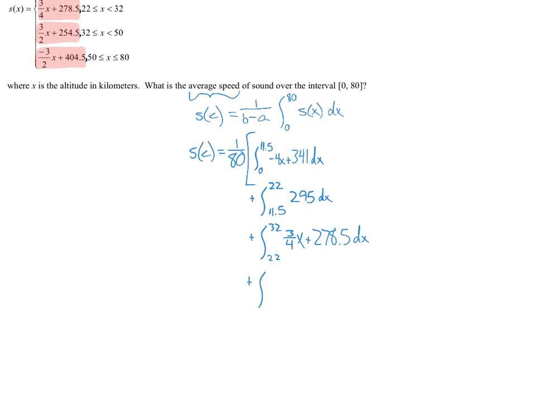Plus the integral from 32 to 50 of 3/2 x plus 254.5 dx. Plus the integral from 50 to 80 of negative 3/2 x plus 404.5 dx. So we're multiplying 1 over 80 by all of that.